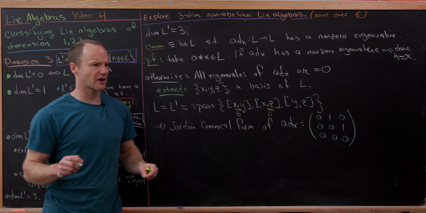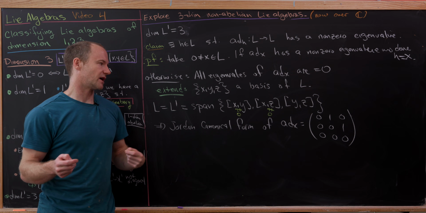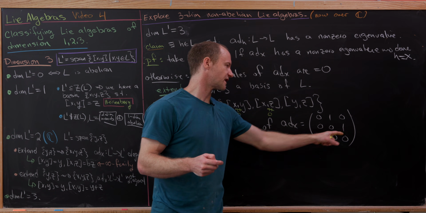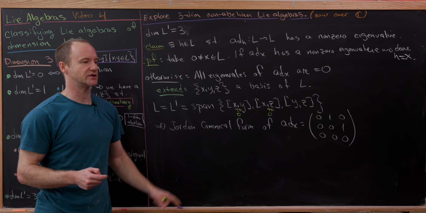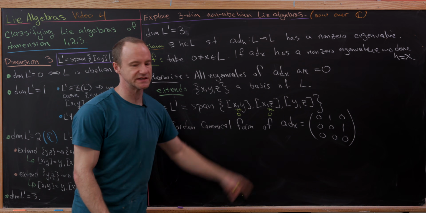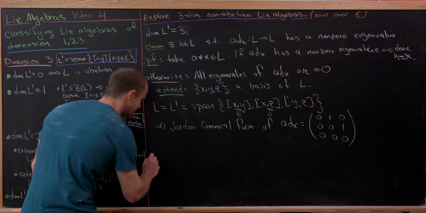Recall that there are 3 possible 3x3 Jordan blocks. There's one with everything zero on the diagonal and 1s on the off diagonal, and there's one with a 1 on the upper right entry. But the upper right entry would indicate that only one of these was non-zero, which is not the case right here.